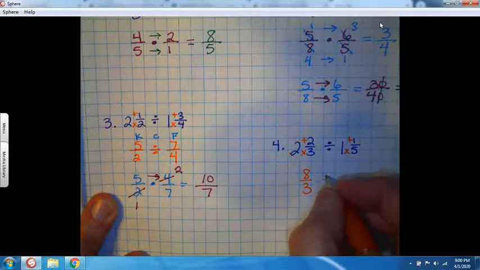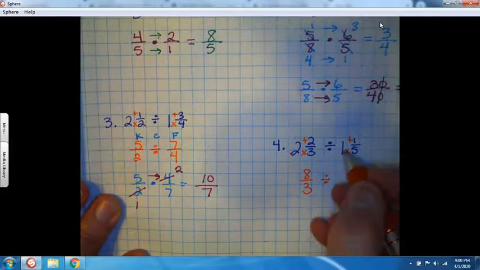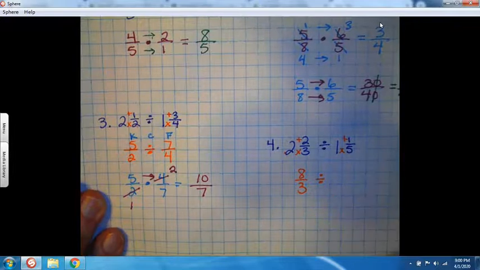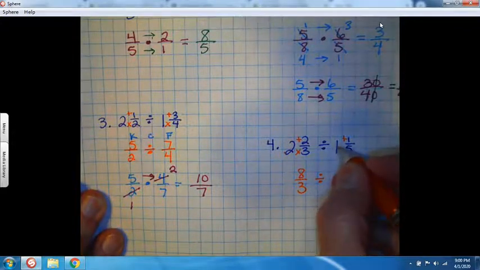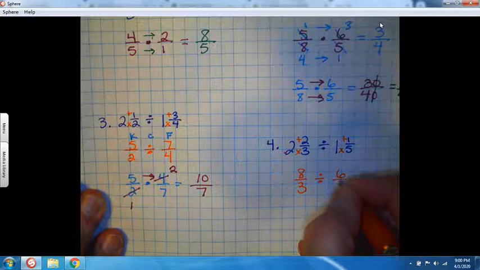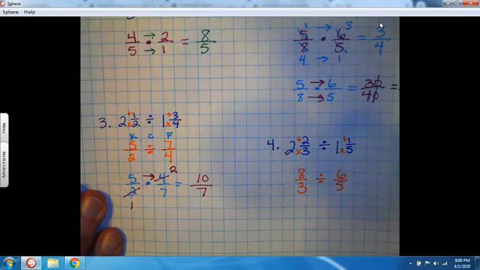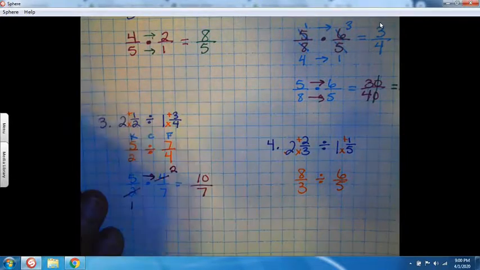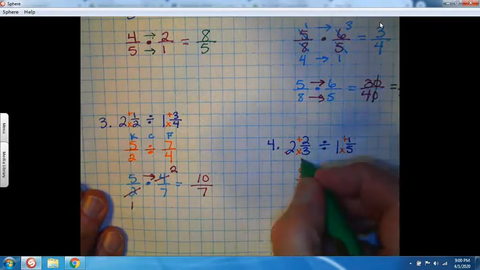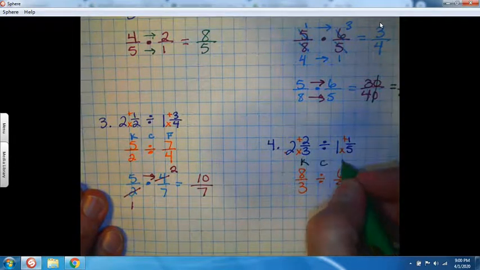Do your division again. Don't try to flip it and change it at the same time. 5 times 1 is 5, plus 1 is 6, so 6/5.